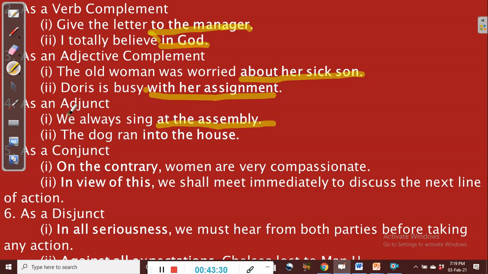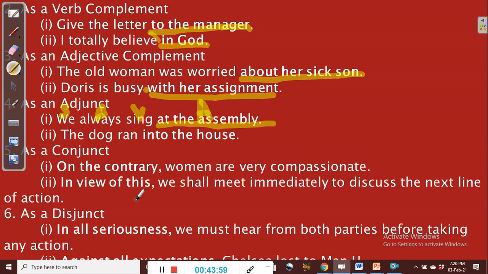Of course, you know that if we have to analyze this sentence, we here is the subject, then always is an adjunct, sing is a verb, at the assembly is another adjunct.